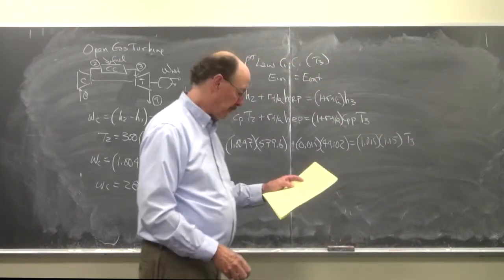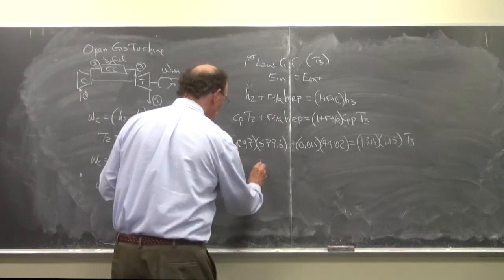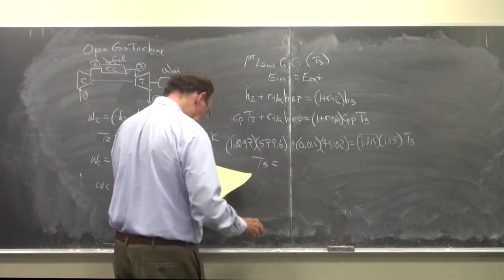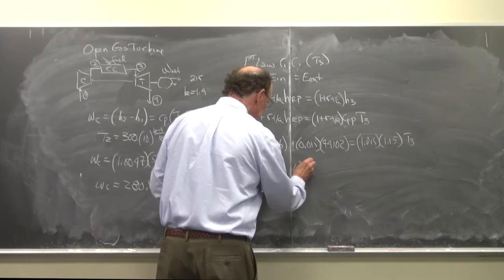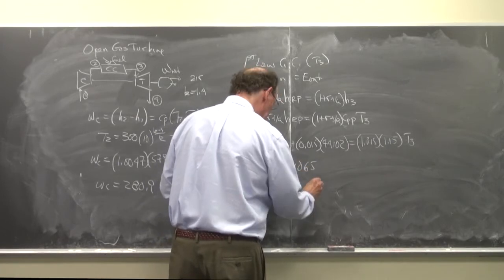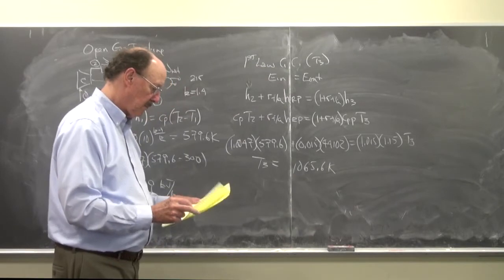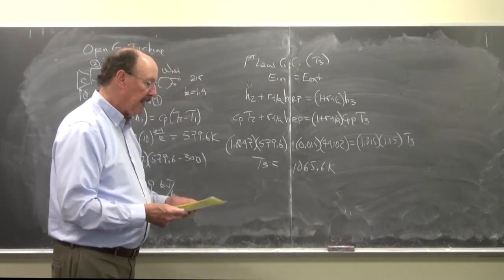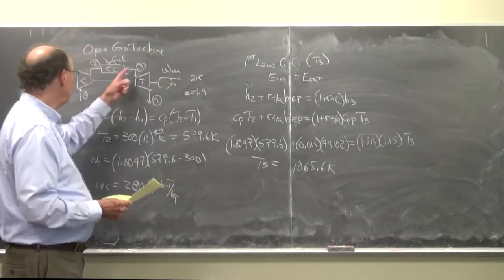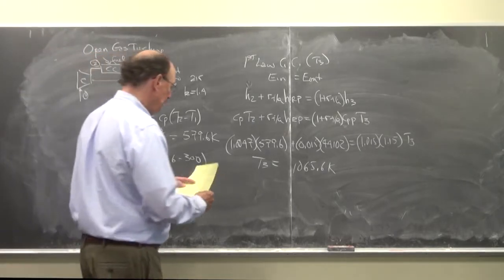So I can solve for T3, and T3 is equal to 1,065.6 K. And I know P3, so I know P3 is the same as P2.